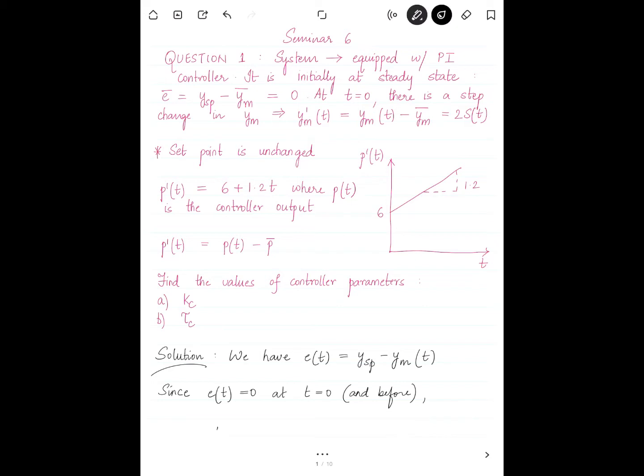And therefore, when the system is at steady state with the controller in play, we can assume that the steady state measurement of y is equal to the set point given to the system. And therefore, E of t equals y set point minus y measured now becomes ym bar minus ym of t. And this, as you can see, is just the negative y deviation, or y measured deviation, which we know to be a step input of magnitude 2.